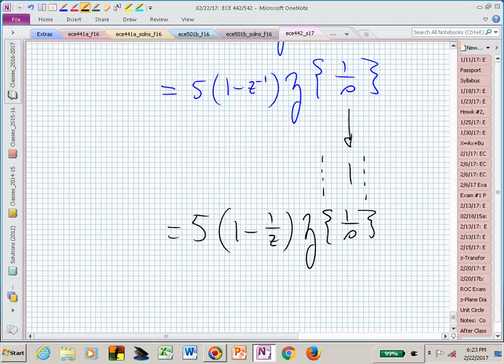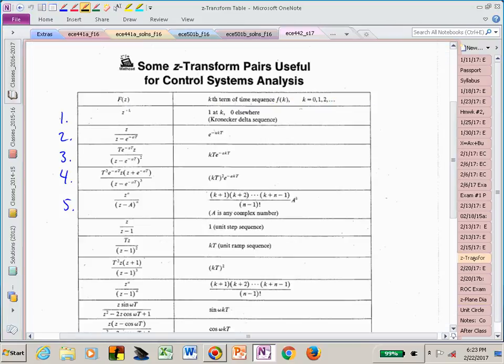And on the exam, you hope that you remember your z transform table, and you go, do I have anything that looks like a unit step sequence? In this case, it's a unit step sequence, right? And I don't have it labeled, but it's there. It's row 6 in this table.